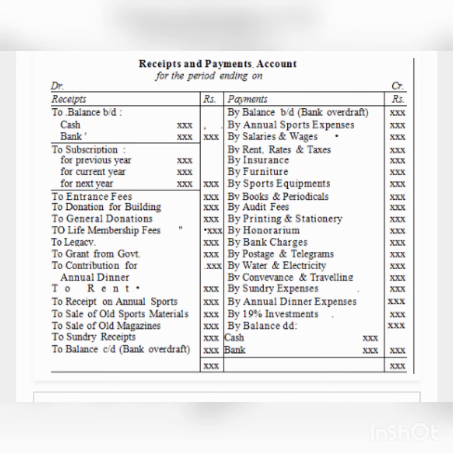Then other payments are annual sports expenses, salary and wages, rent, rates, taxes, insurance, furniture, insurance paid, sports equipment, books and periodicals, audit fees, printing and stationery, honorarium, bank charges, postage and telegrams, water and electricity, conveyance charges, traveling expenses, sundry expenses, annual dinner expenses, investments purchased, and the closing balance is known as closing balance of cash.